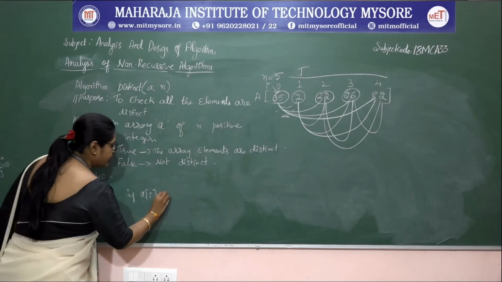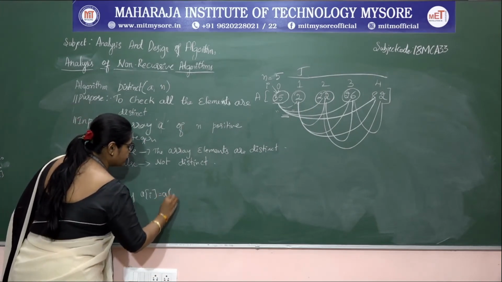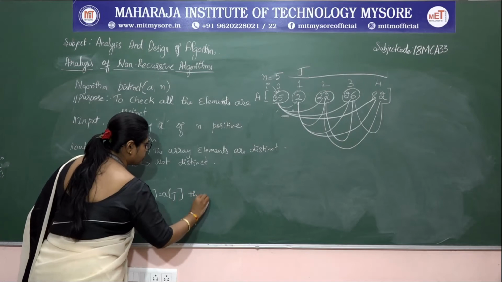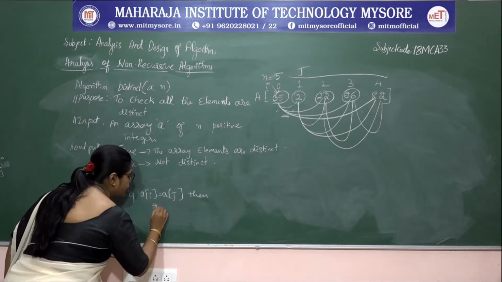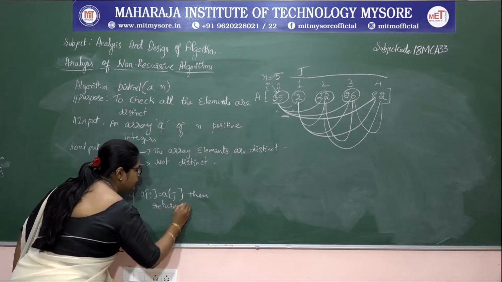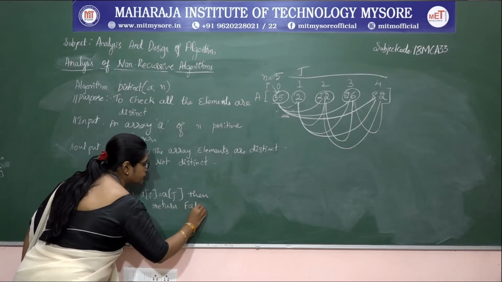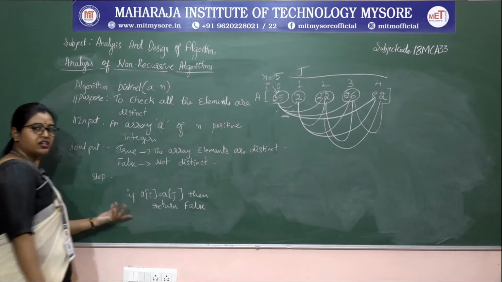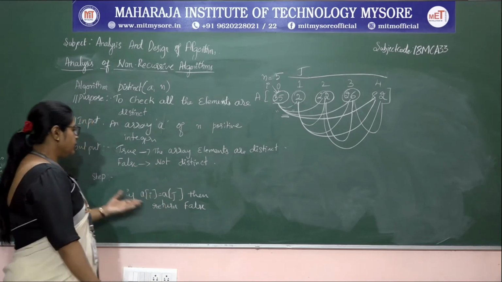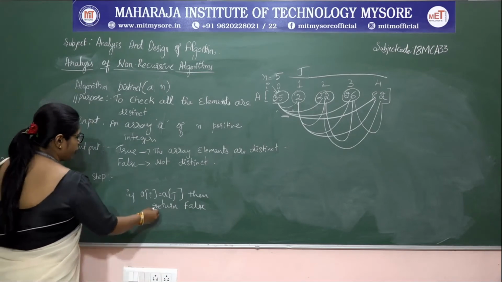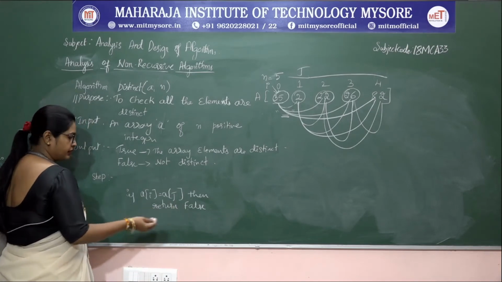Therefore, if a of I is equal to a of j, then return false. That means the given array elements are not distinct, not all unique. So false is going to be returned.